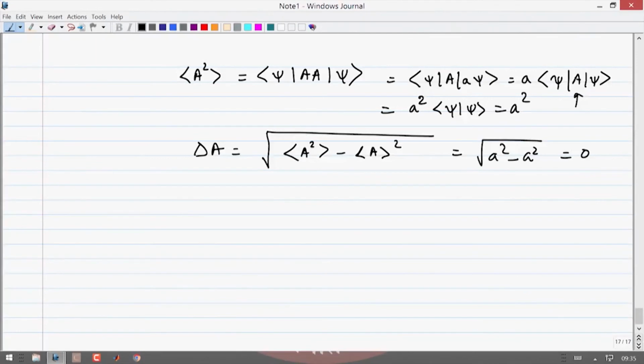Therefore the eigenstates of any operator are such that the uncertainty in the measurement of the eigenvalue delta A is always 0. These are called dispersion-free states or fluctuation-free states.